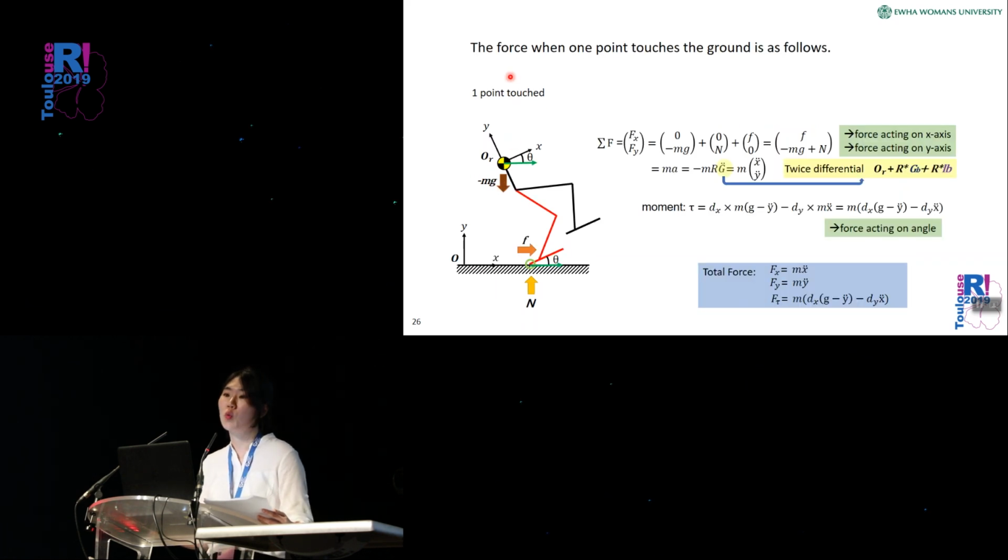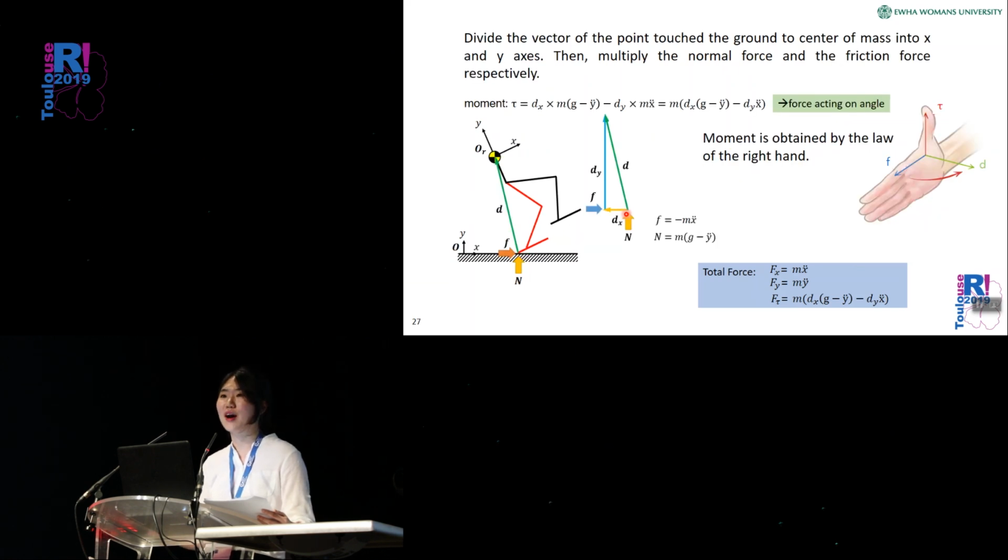The force when 1 point touch the ground is as follows. Force acting on x-axis is friction force, and force acting on y-axis is sum of gravity force and normal force. And force acting on angle is moment, which is rotational force. It's a bit difficult to calculate, but we can solve it by recalling the right hand rule.